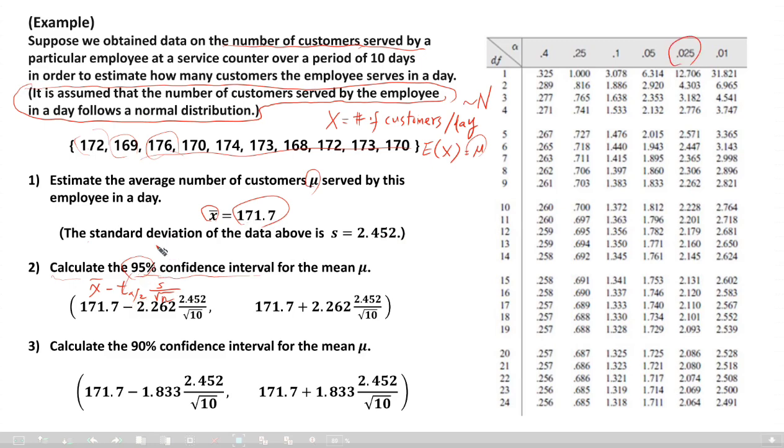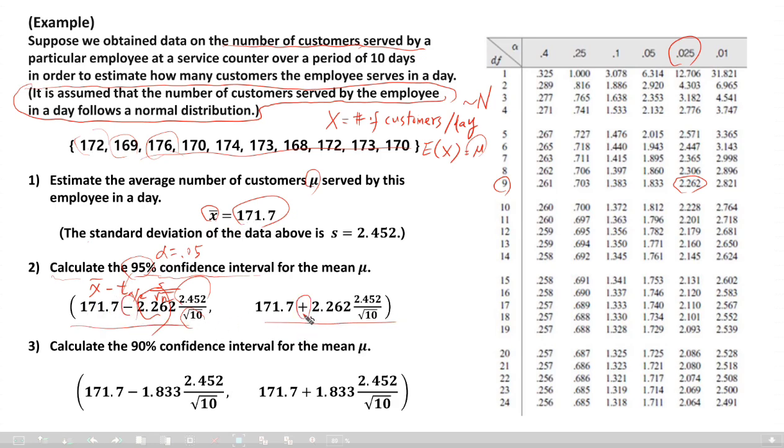In this case, alpha is 0.05, so the right tail area is 0.025. The degree of freedom is 9, because the number of data is 10. So we may use this value 2.262 here, with s over square root n, and x bar 171.7, left-hand side minus, right-hand side plus.